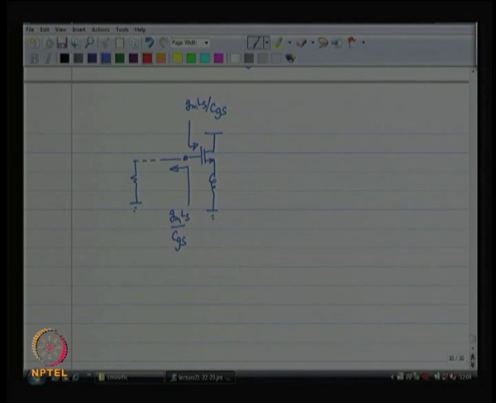So, if that is the case, if I am going to apply a voltage over here, I will get half of that voltage over here. Right? What is my current going to be? My current is going to be V by 2 divided by Gm Ls by Cgs.